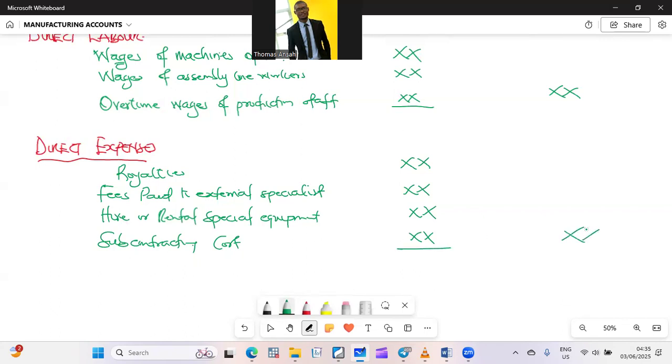So you add all these things. And once you add all these things, you have the three. And when you have the three, that becomes your prime cost. I think we've established that. So make sure that you do all these things to get the most mark for your work. All right. So we know that now we have a total, which we call prime cost.